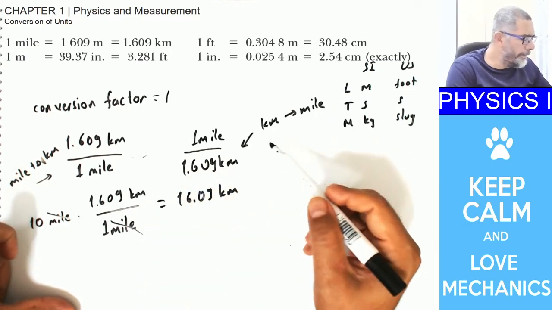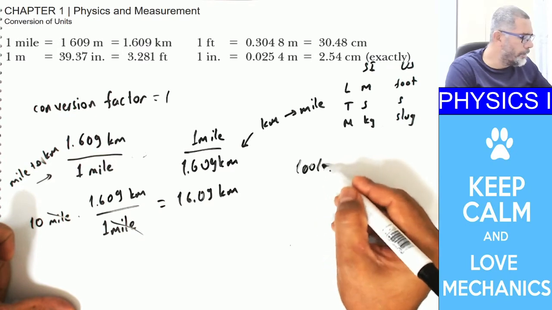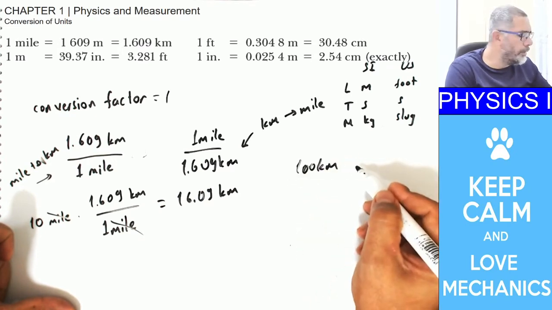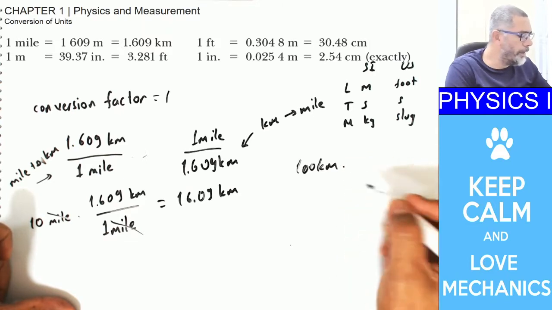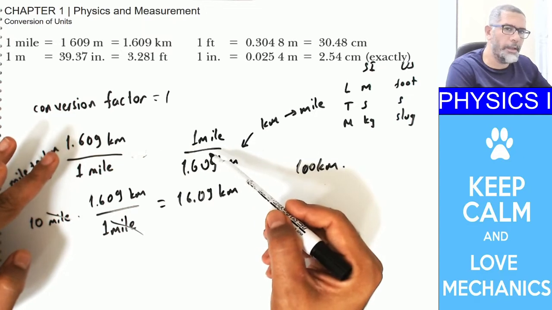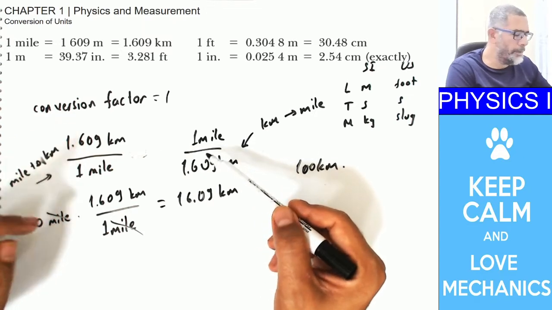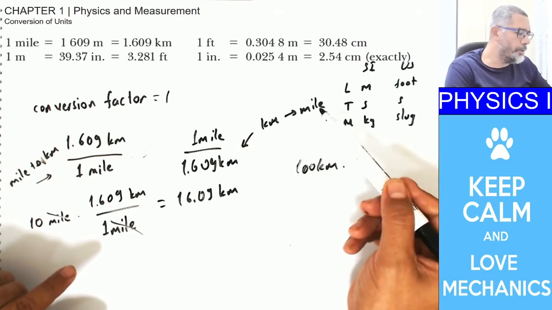Similarly, if you have, let's say, 100 kilometers to convert to miles, you just write 100 kilometers and multiply this by this conversion factor. I said this and this are algebraically the same, but there's a difference because this one is used to convert from kilometers to miles.